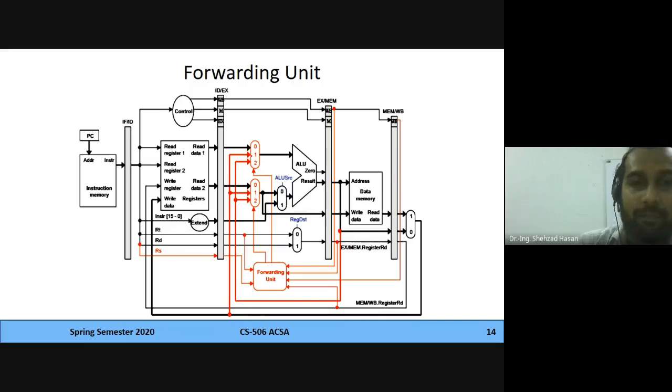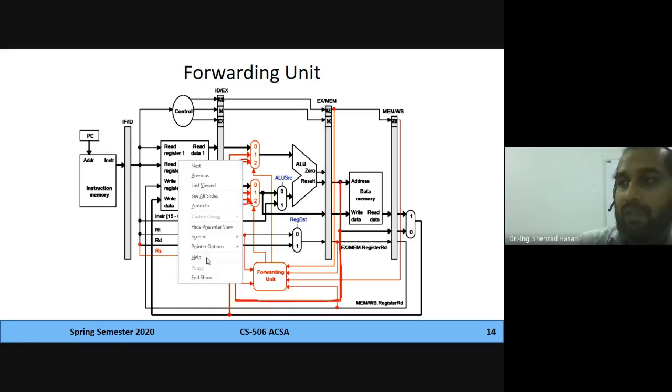But if you ignore the inputs coming to the forwarding unit, you know that this forwarding unit is responsible for selecting the correct inputs. And if you look at the dark red lines, these are the forwarding paths. One of the paths is coming from the EX-MEM pipeline register, and that's going back to the second input of both these multiplexers.